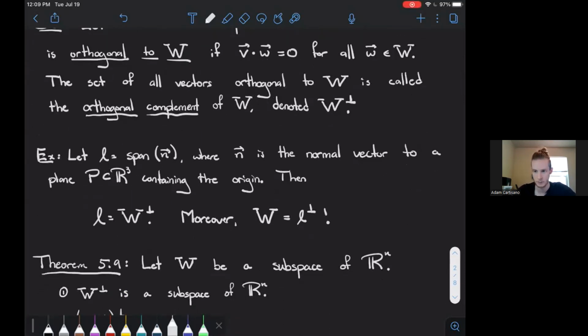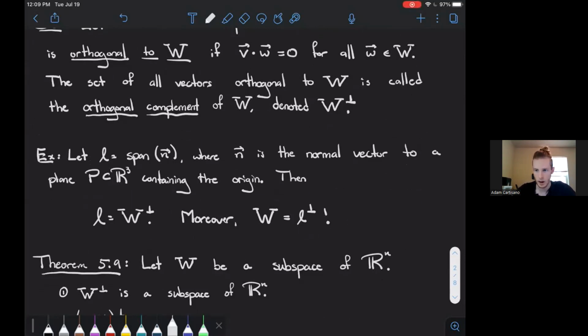The example that we're keeping fresh in our minds is if L is the subspace, which is the span of the normal vector n, and W is the plane containing the origin with normal vector n, then L is W perp.